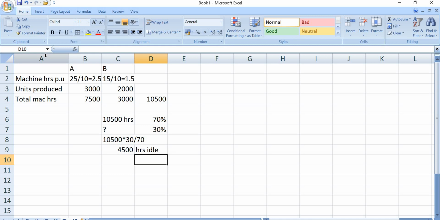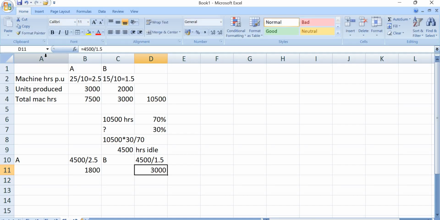Okay, fine. How many units can I produce using these 4,500 hours? If I am producing A, 4,500 divided by 2.5 hours for 1 unit, so I can produce 1,800 units. If it is B, I can produce 4,500 divided by 1.5, that means around 3,000 units.